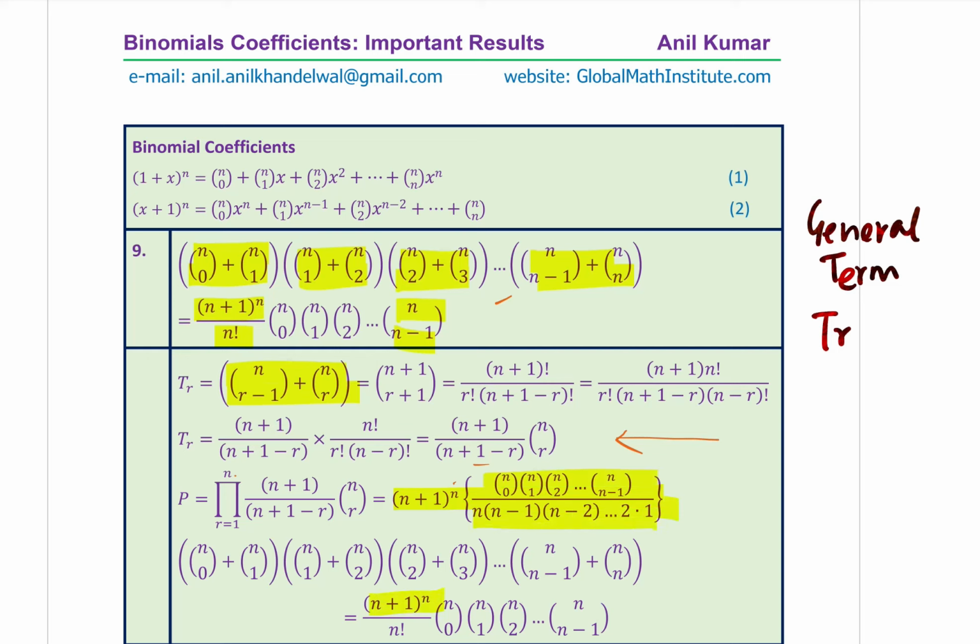So the denominator is n factorial, correct? So we just rearrange and wrote the denominator as n factorial. The other sums are the product of the coefficients from n choose 0 to n choose n minus 1. Is that clear to you? So that is how we are going to get our series.